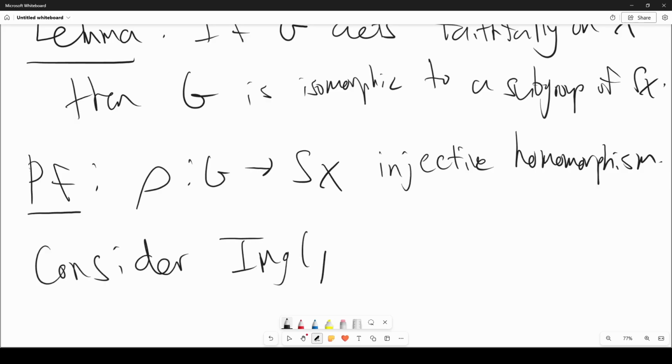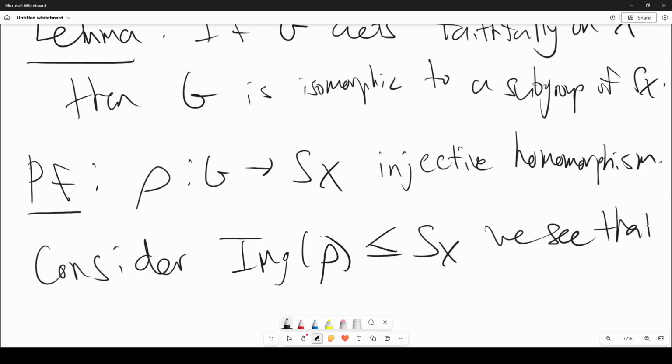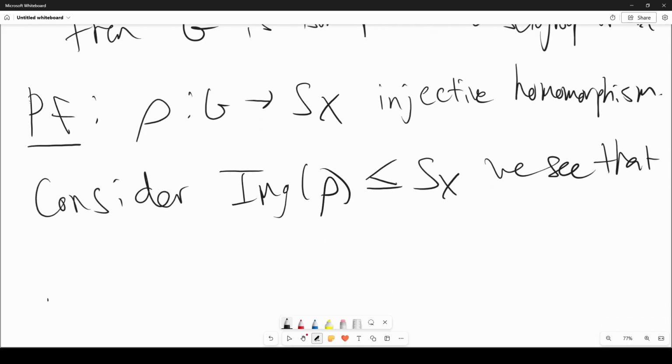Remember, we proved that the image and kernel of a homomorphism are subgroups. Image of rho in S_X. We see that if we just restrict rho, instead of going from G to S_X, if we think of going from G to the image of rho, well then, this is also surjective.